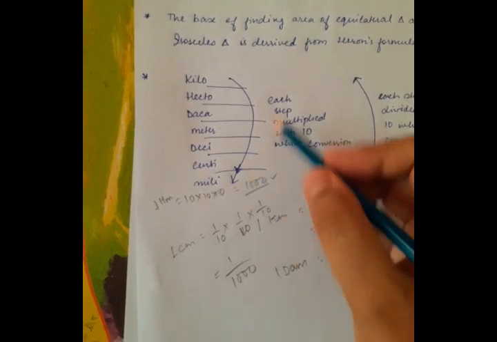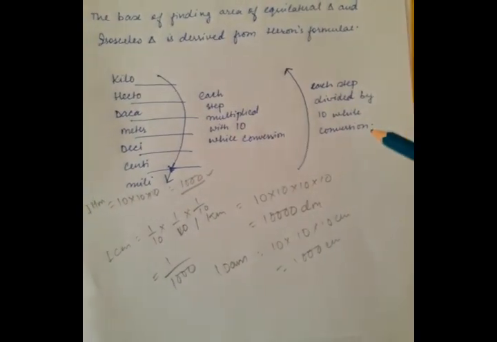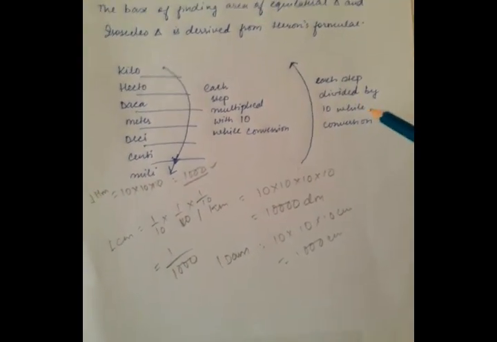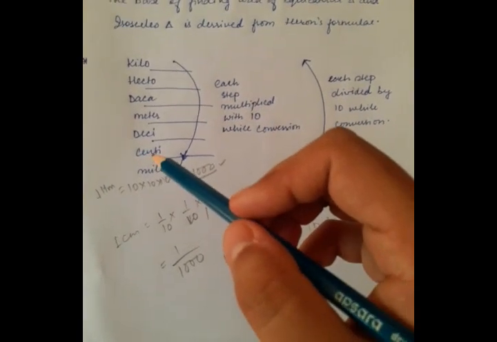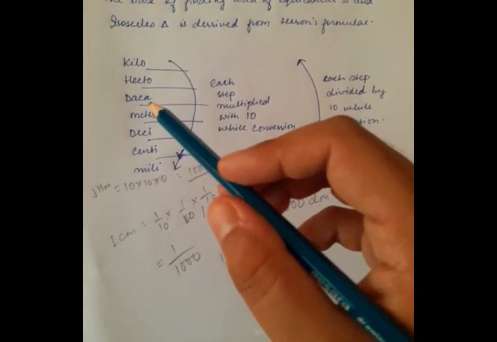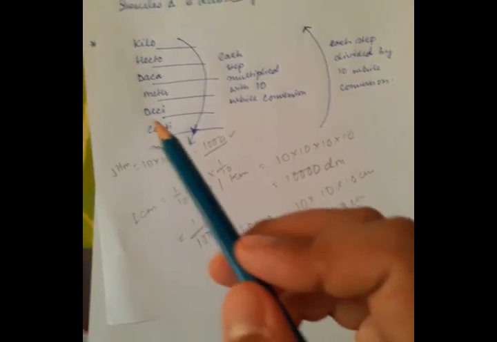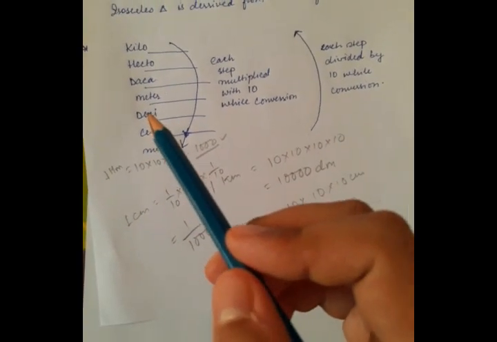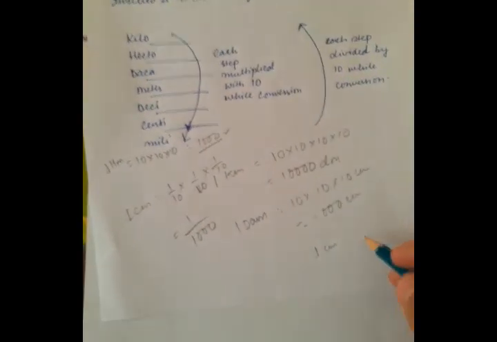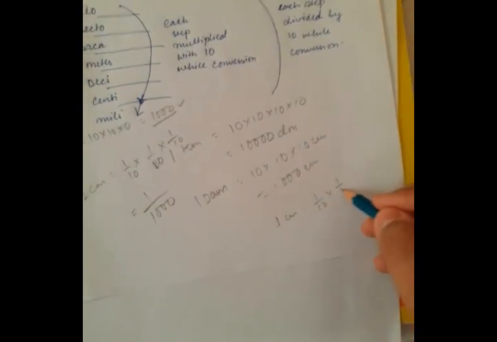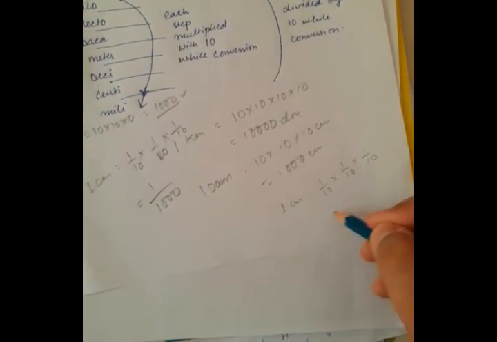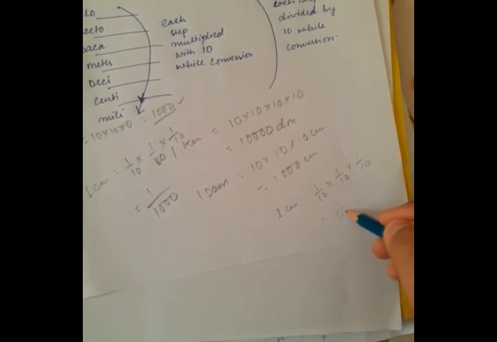And for going upward we have to divide by 10. Likewise, say centimeter to decameter. So 1 centimeter equals how much decameter, 10, 10, 10, so 1 by 10 into 1 by 10 into 1 by 10, that is 1 by 1000.